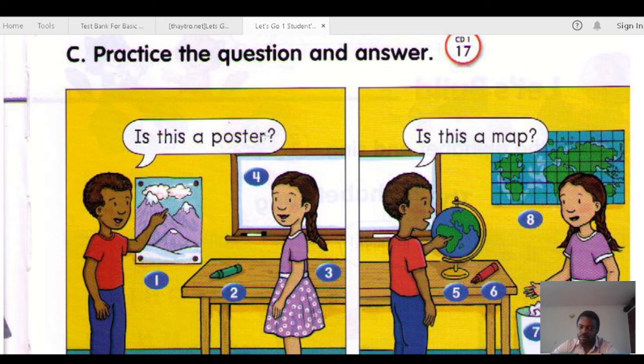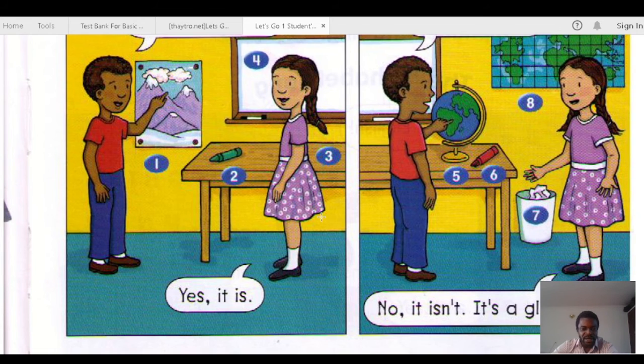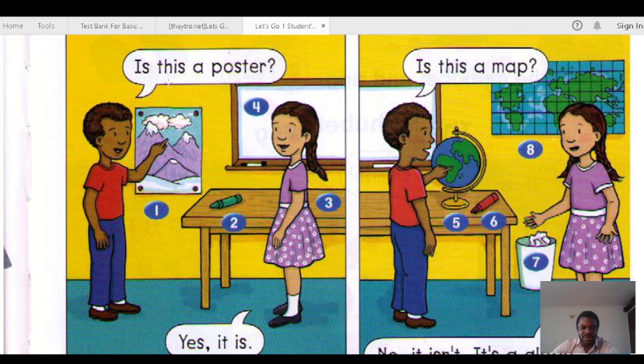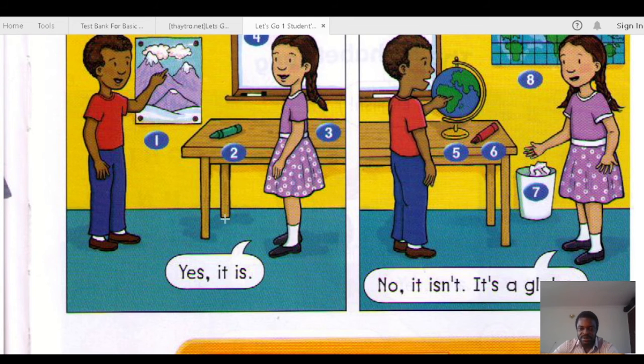Is this a poster? Is this a map? Yes, it is. This is a question. Is this a poster? Yes, it is. Yes, it is what? A positive answer, a positive sentence.